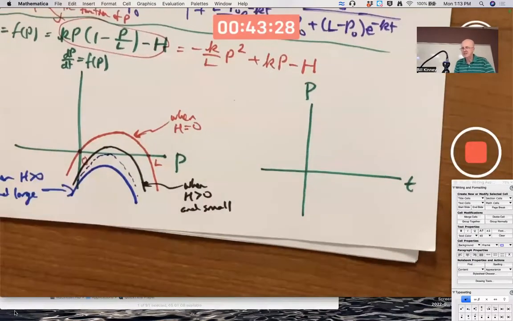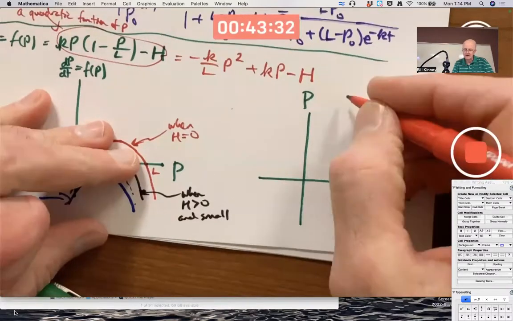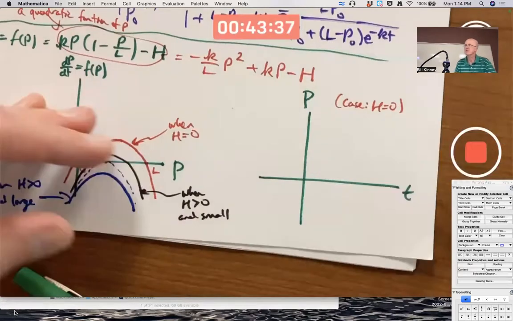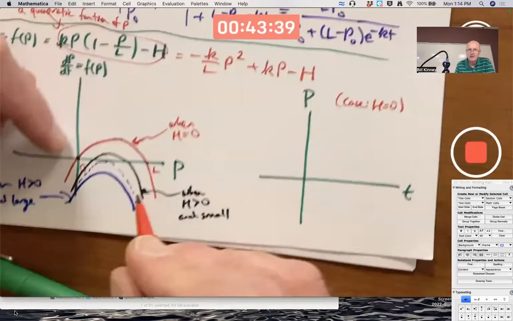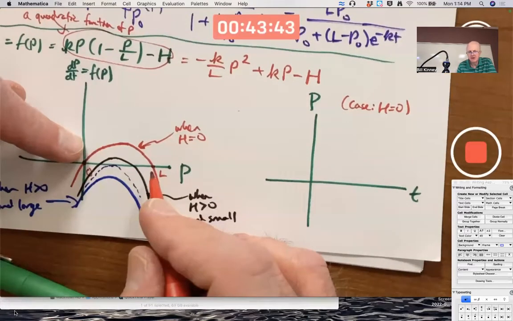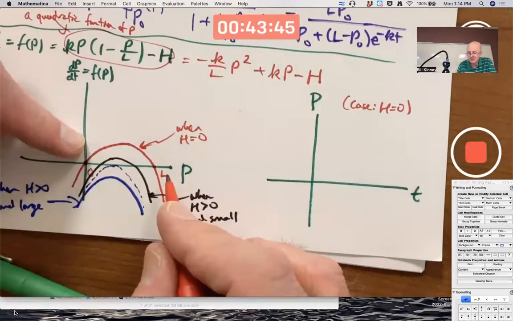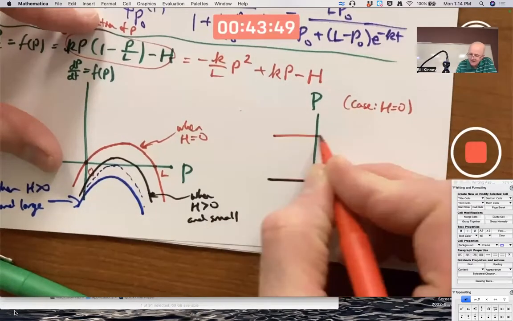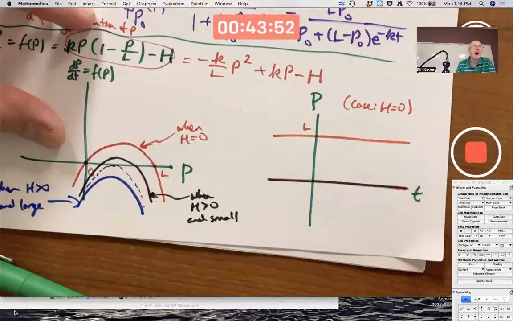In the case where h is 0, what do solutions look like? The fact that the right-hand side graph is 0 when p is 0 or L means you've got equilibrium solutions at 0 and L. Why?